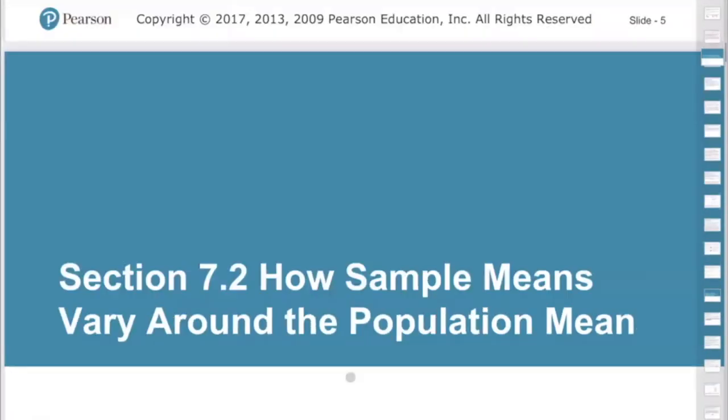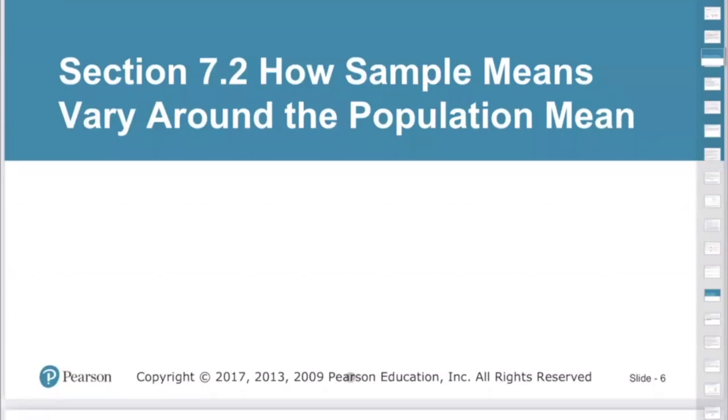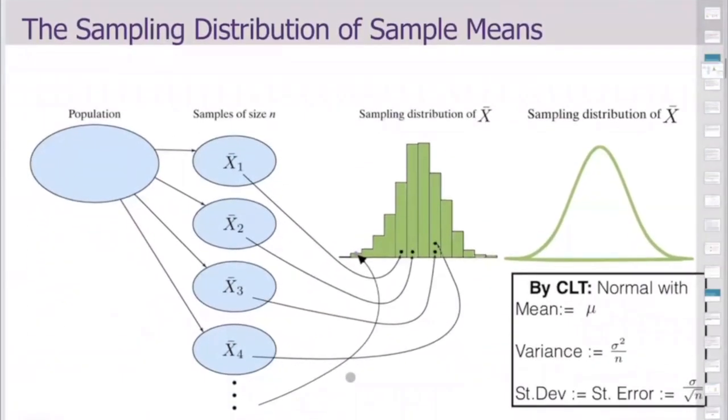So we will start with the sample mean. What is the sampling distribution of sample means? As I said to you, in our example, if you have a population, we suppose you can take all possible samples.